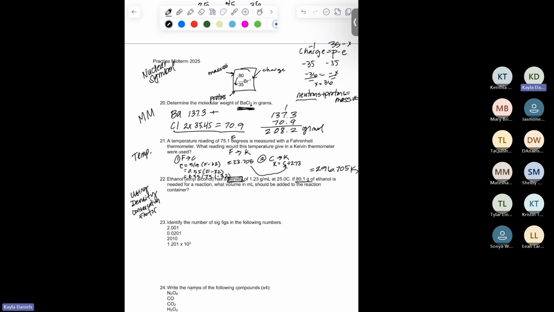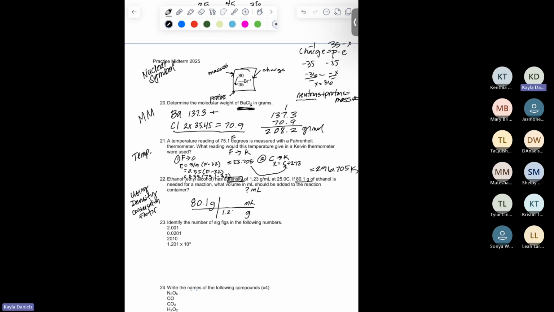And we're trying to get to mils. They give us information about temperature, but that's just because they are trying to throw us off. So what we really care about is this given density value, 1.23 grams per mil. So I'm trying to go from grams to mils, so I put grams on bottom, mils on top.